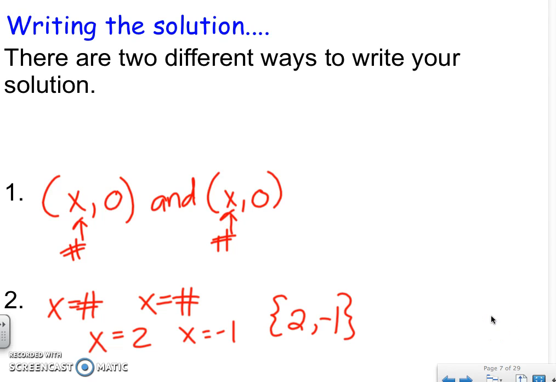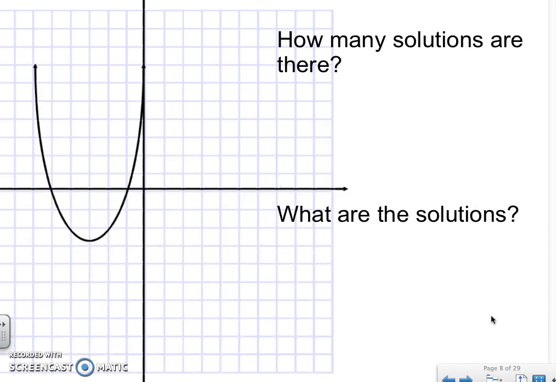So let's look at some problems. How many solutions are there? Where you need to look is on the x-axis, and so you're going to look where it crosses. So here are our solutions, and so there are two of them. So there are two solutions, and then what are they? So this is at -1, and then this is at -5.